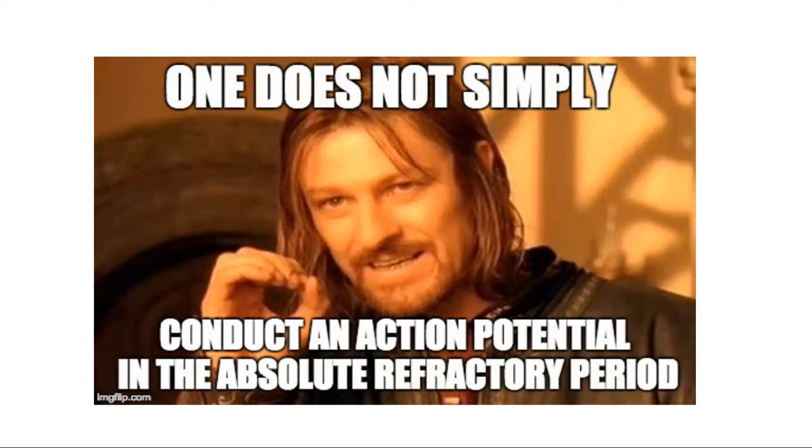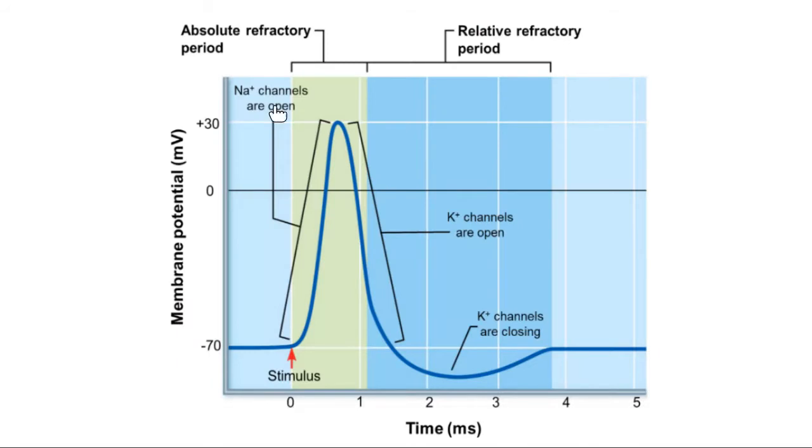So we simply cannot do it. If we are in that absolute refractory period, no new messages. If we're in the relative refractory period, you just got to scream at me. We got to be loud. When my sodium channels are the wrong shape entirely, we're in the absolute refractory period. Can't hear any new messages.